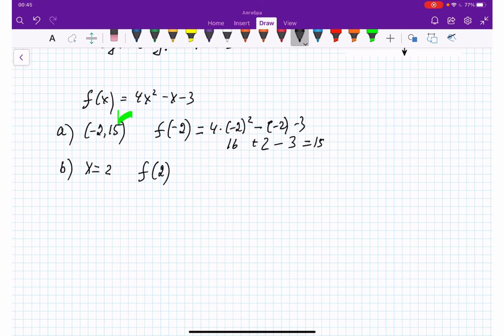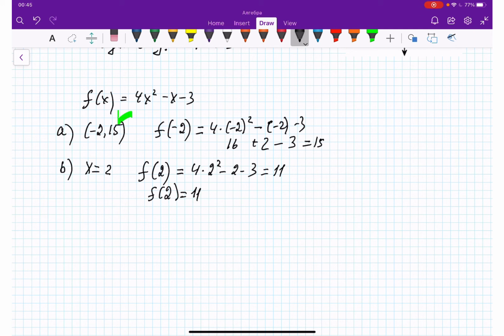So f of 2 is going to be equal to 4 times 2 squared minus 2 minus 3, and it's going to be 11. So f of 2 is equal to 11.